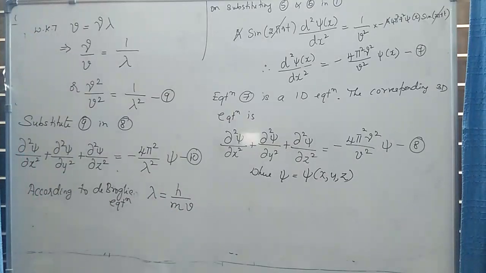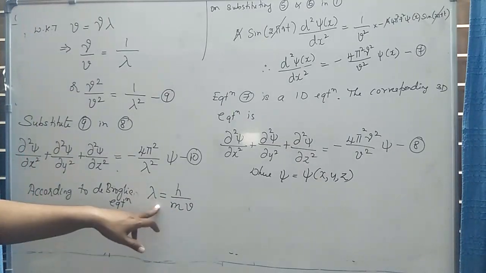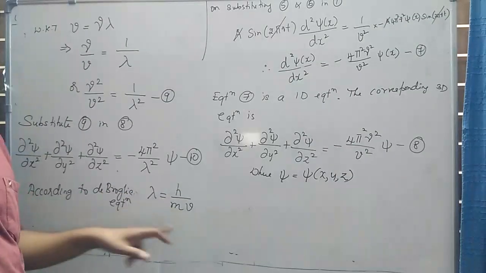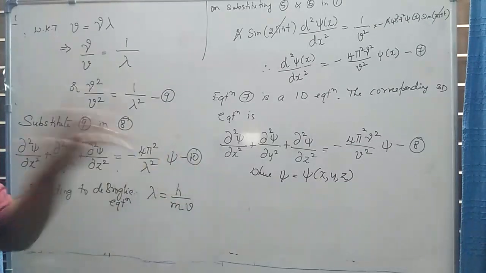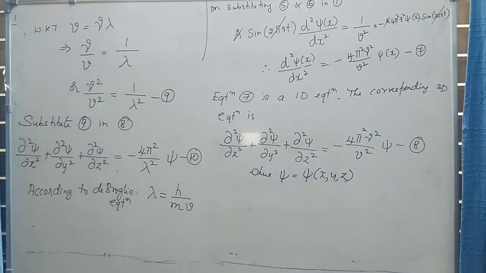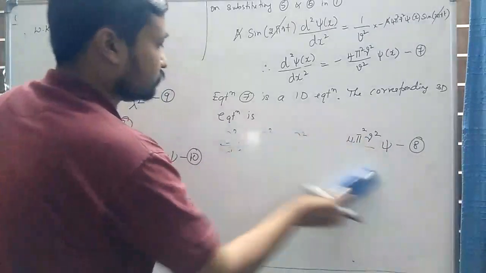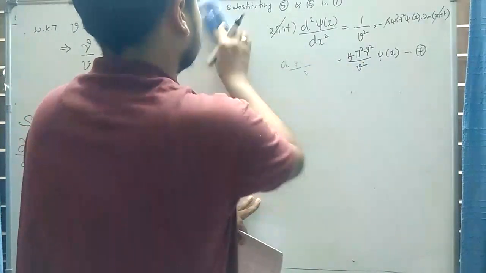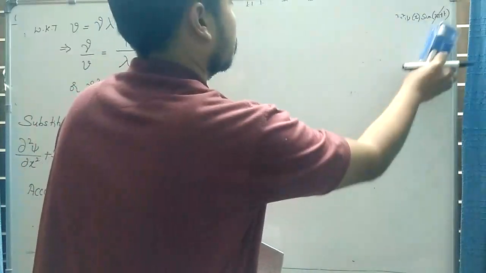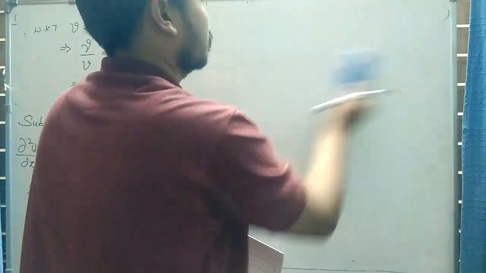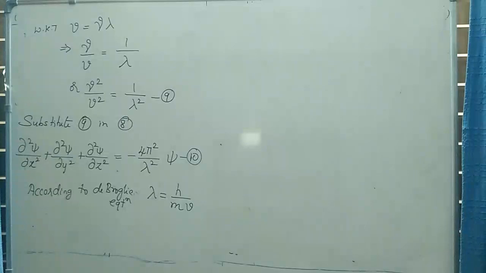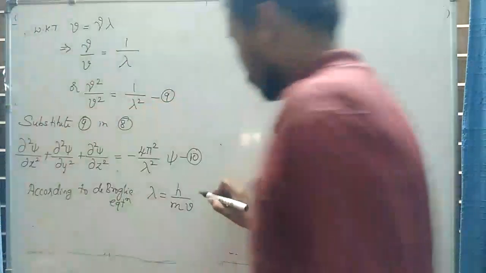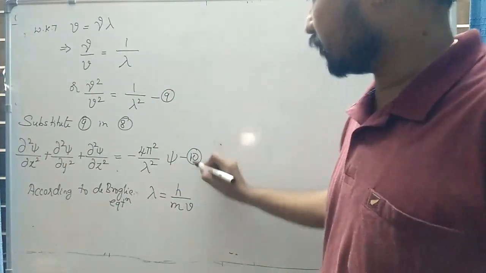So lambda is equal to h divided by mv. If we substitute this de Broglie equation in equation 10, what will happen? Let us see.